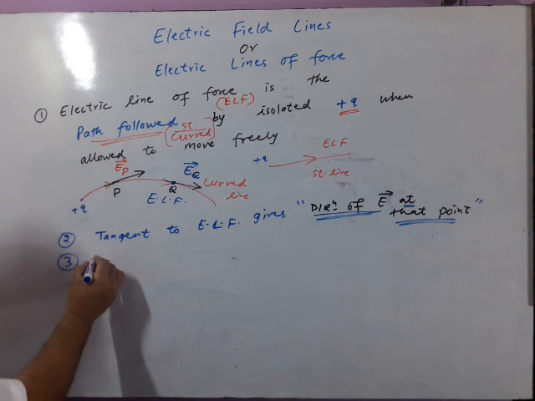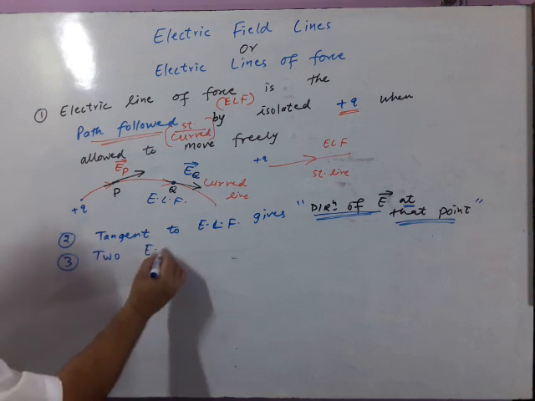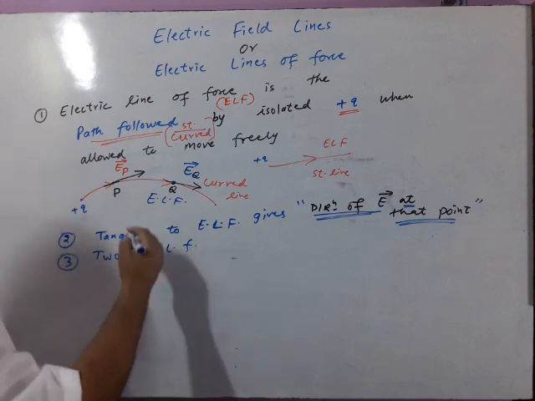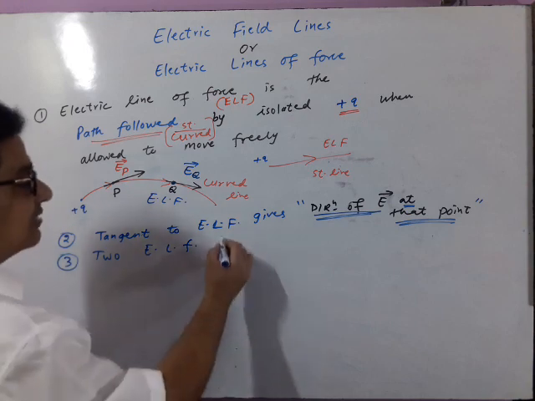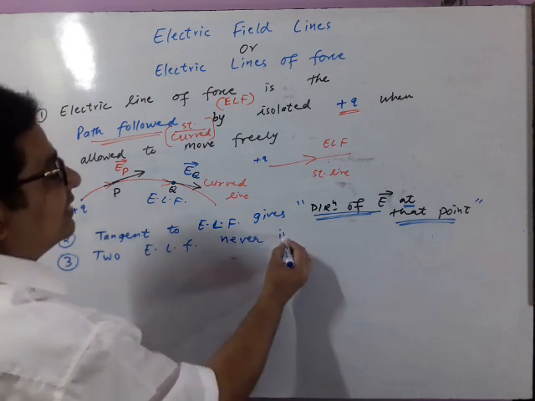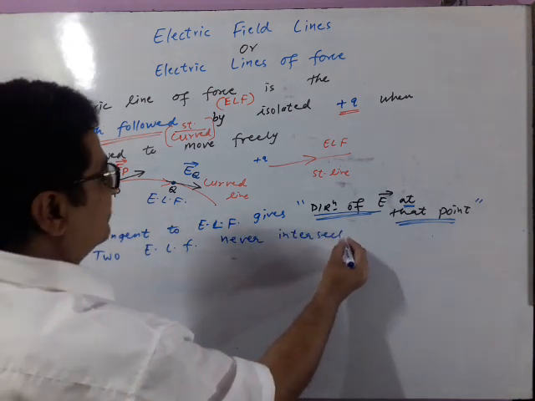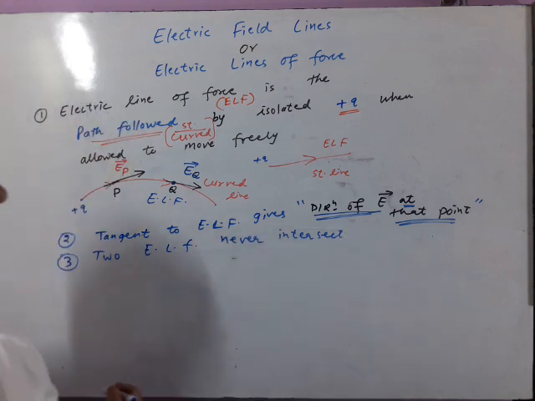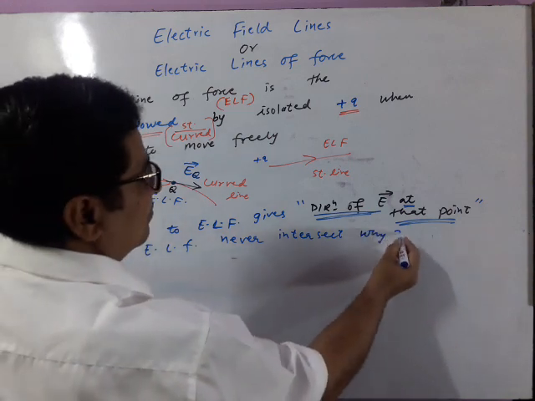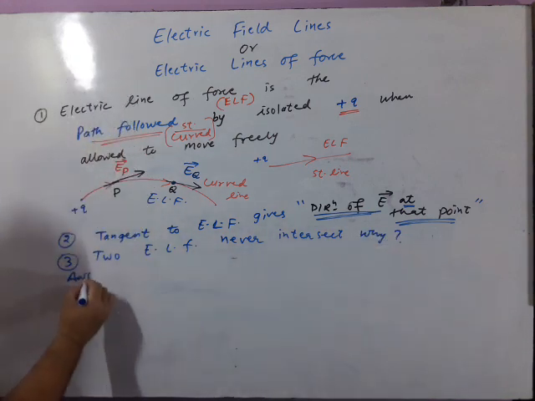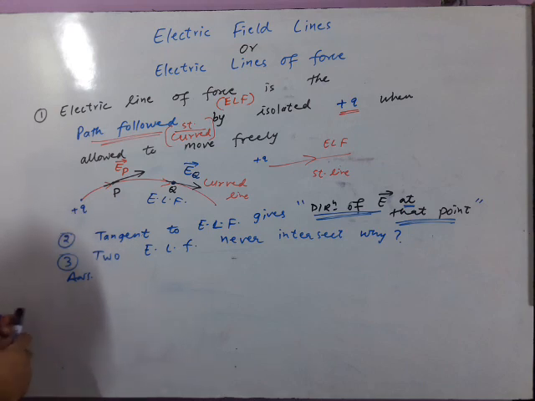Third, two electric lines of force or two electric field lines never intersect. Why? See, in the answer we use the contradiction method.